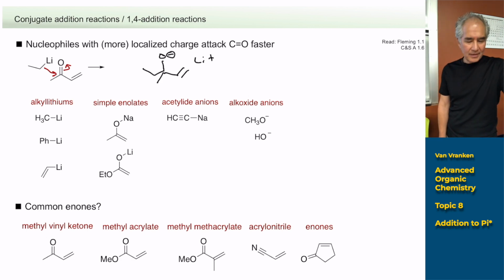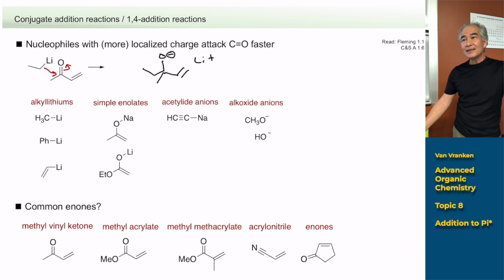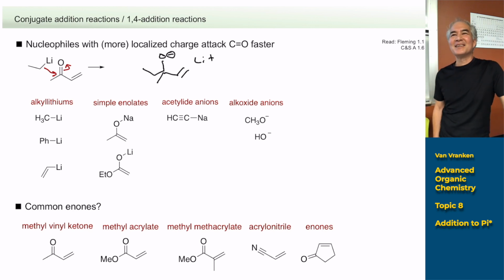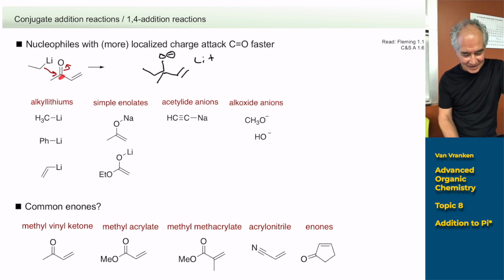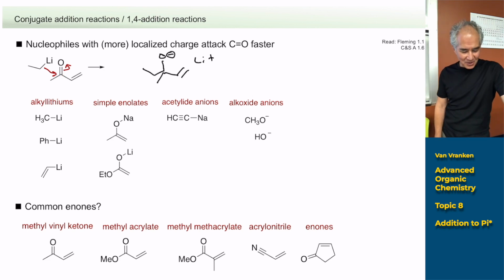It's not that common, but it will add to carbonyls just like alkyllithiums do. Alkoxide anions will add to carbonyl groups faster than they add to enones. Boring, because that would just get pushed right back out. If you added to this carbonyl over here, the O- would just push that group right back out. It would not lead to anything useful for you.